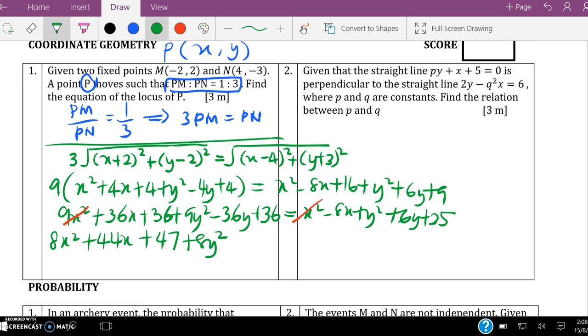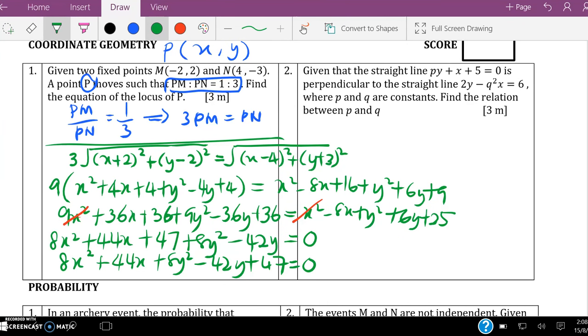And then negative 36 minus 6y is negative 42, y equals 0. If you can see here, there is no common factor, so the final answer is arranged properly, equals 0.